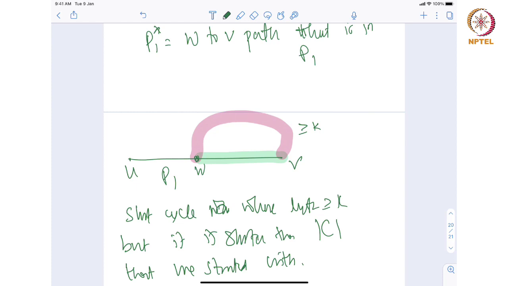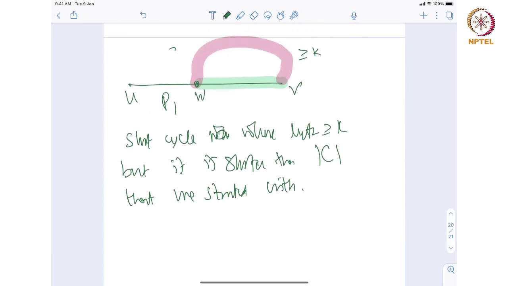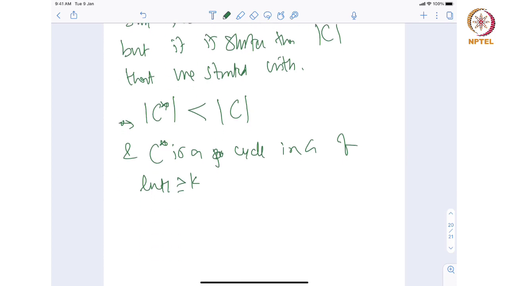Each of these paths is a subpath of its corresponding path. Call this C star. What is the property of C star? C star is strictly less than mod C, you can check for yourself, and C star is a cycle in G of length at least k. So this is a contradiction.